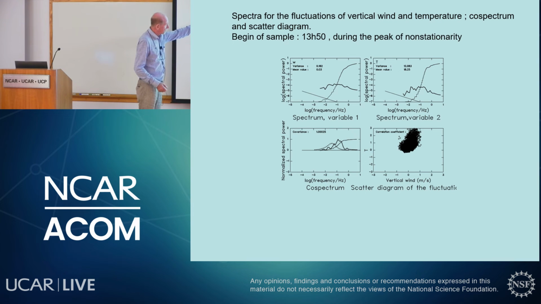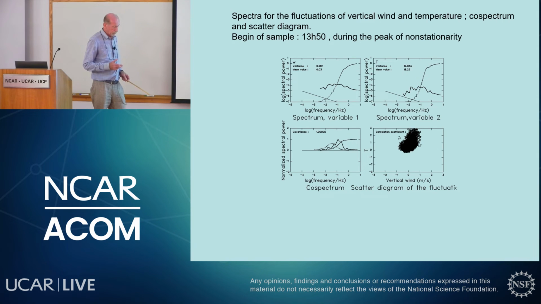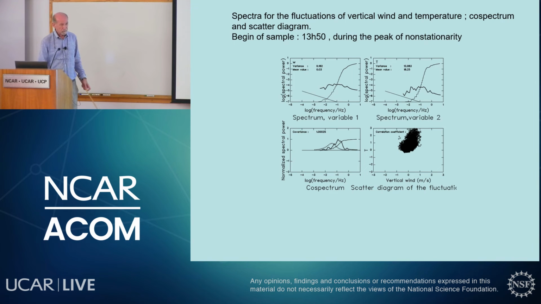And normally, if you have a spectral gap, this should drop to 0. And these values here at the left part of the spectrum indicate that practically the spectral gap disappears because of non-stationarity.